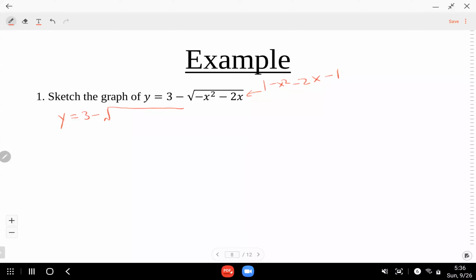So now what we have is equal to 1 minus x plus 1 squared. Okay, so we have 1 minus x plus 1 squared.